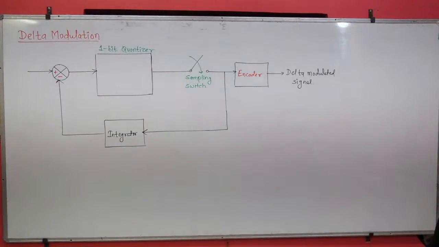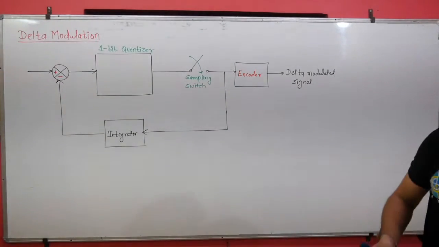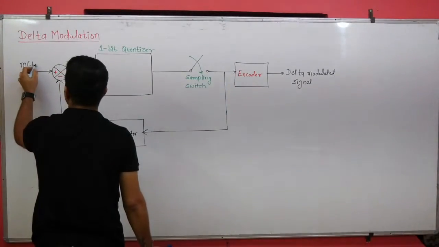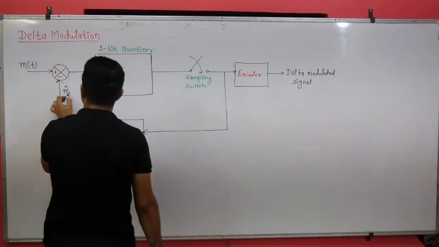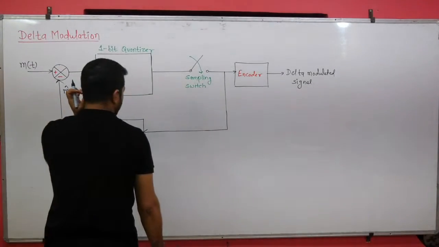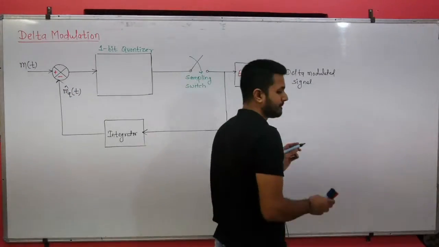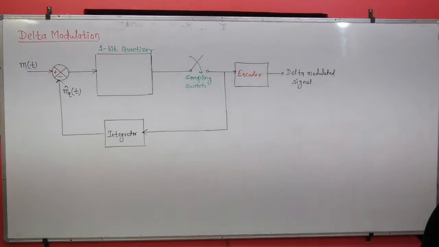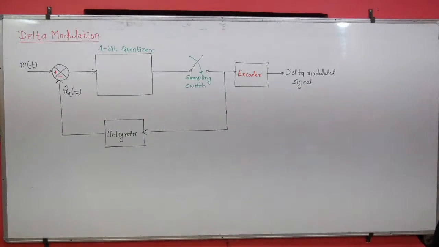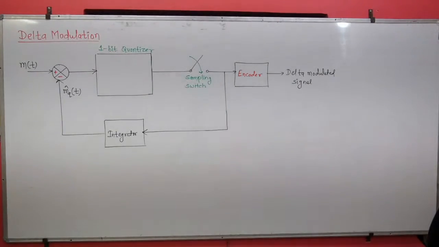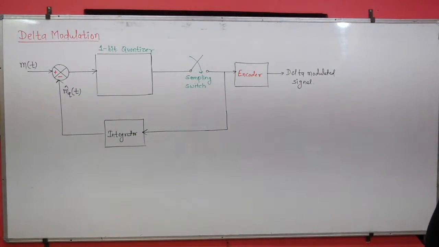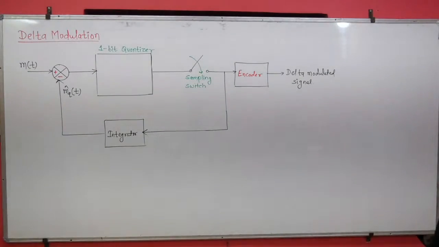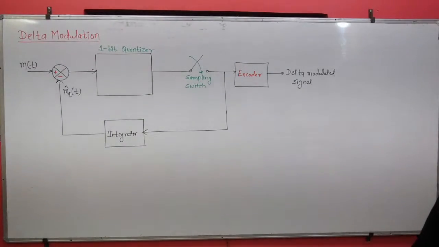Can anybody tell what is the principle behind this? What is the principle of delta modulation? Bandwidth reduced in this, but how?